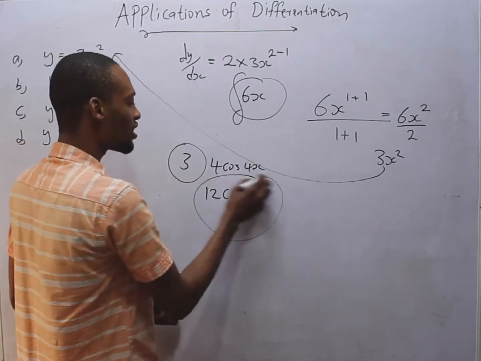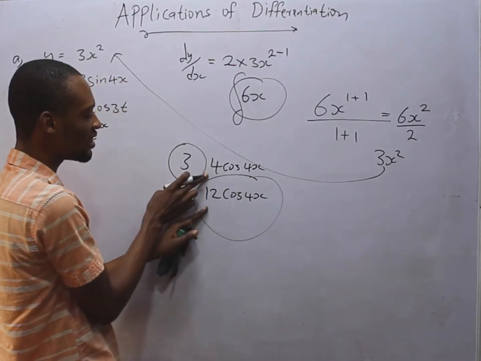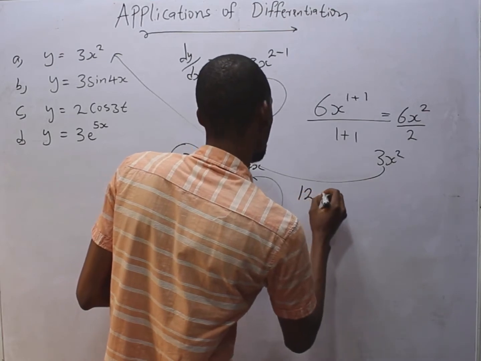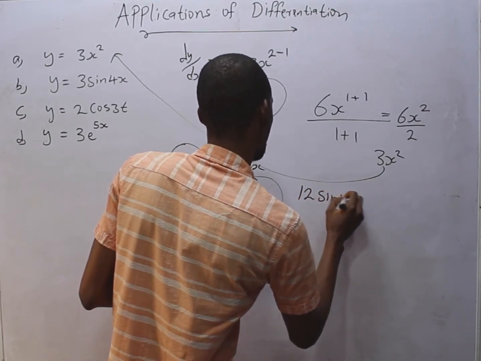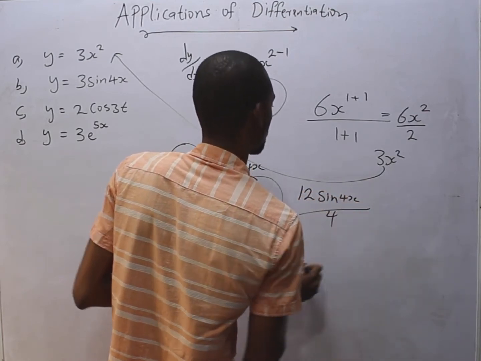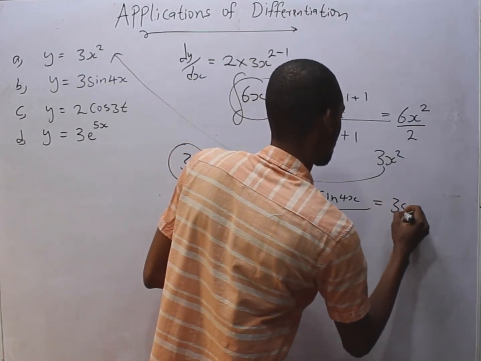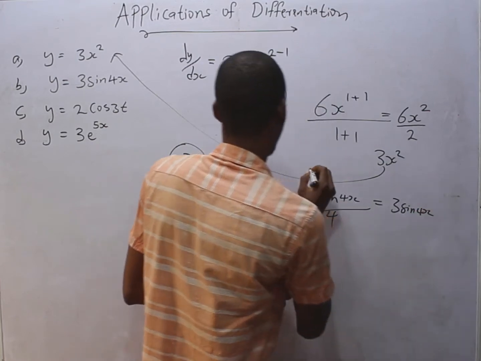And integrating this, remember, instead of multiplying, we divide by 4 to have 12 sine 4s over 4. 12 divided by 4 is 3, which gives 3 sine 4s.